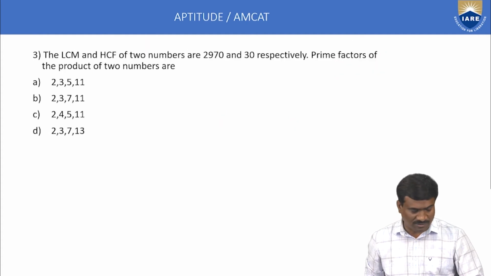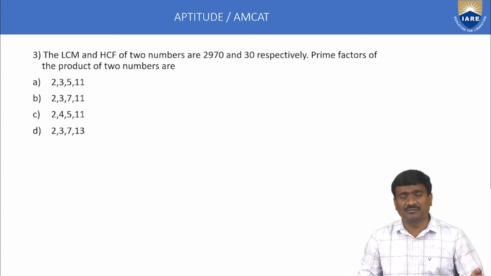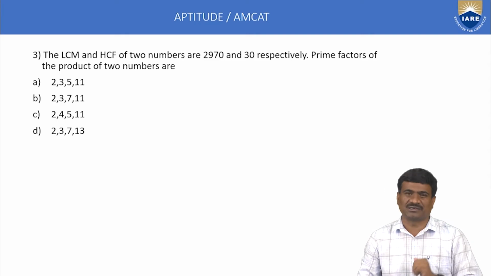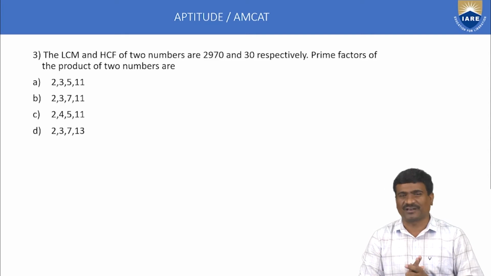Next, example number 3. LCM and HCF concept. LCM means least common multiple. HCF means highest common factor. The LCM and HCF of two numbers are 2970 and 30 respectively. Find the prime factors of the product of two numbers. Consider only prime factors. What is prime?